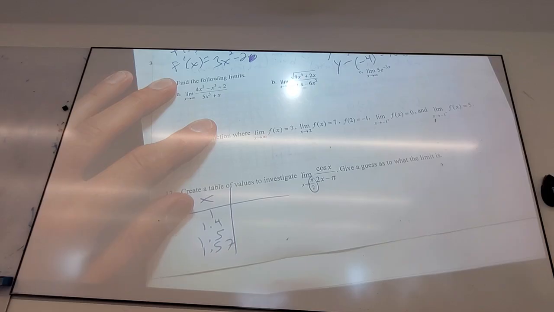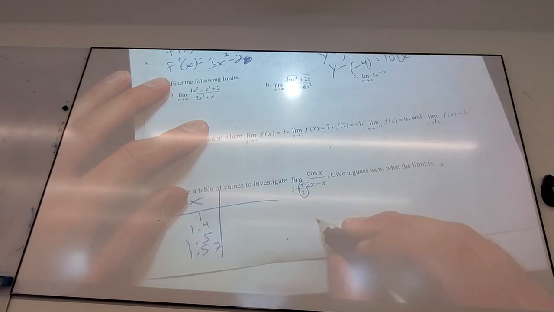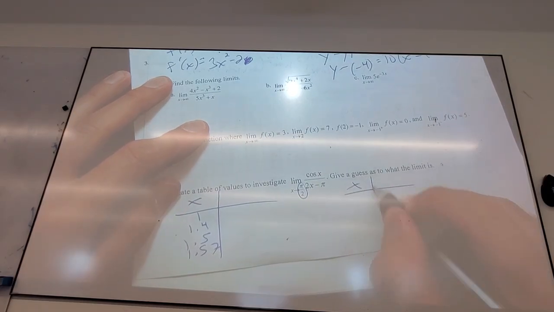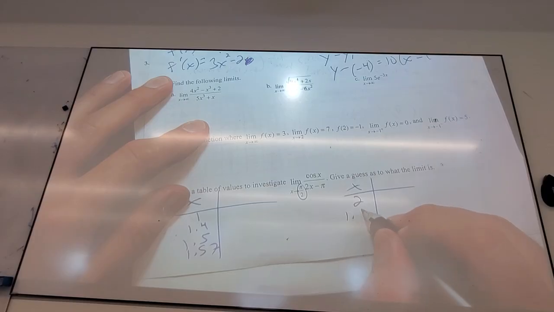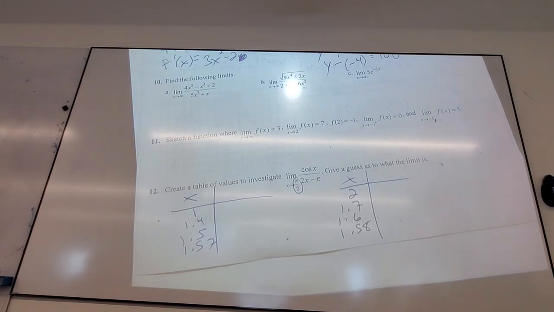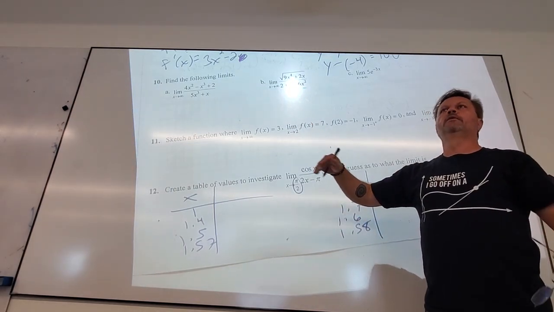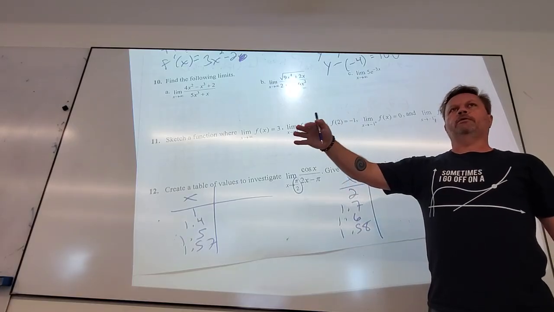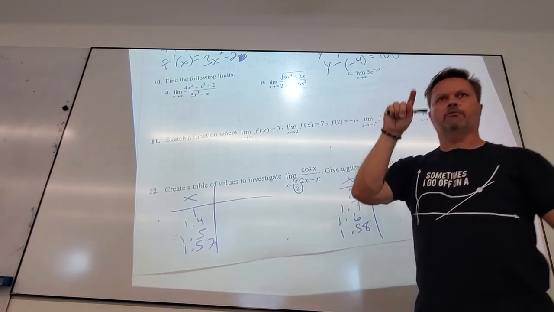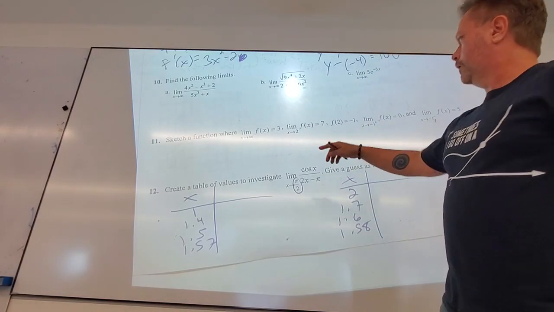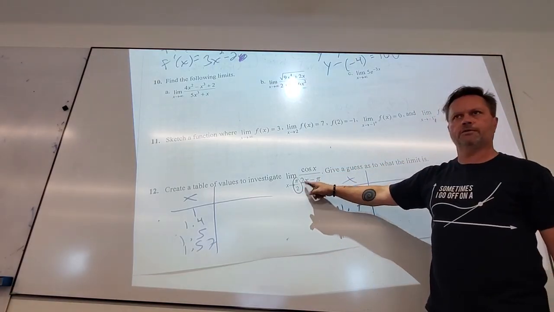And then I can go from the other side. I can say 2, 1.7, 1.6, 1.58. So, do you understand? Pi over 2 is roughly 1.57. When we make a table of values, what are we trying to do? We're trying to get really close to the weird point. And you all agree weird things happen at pi over 2? What's close down to pi over 2?